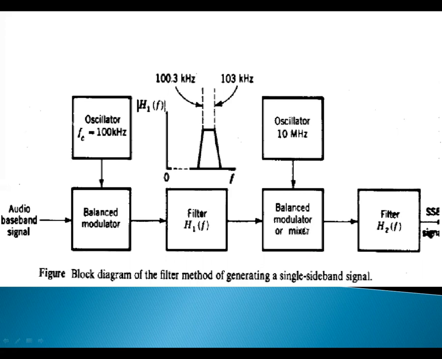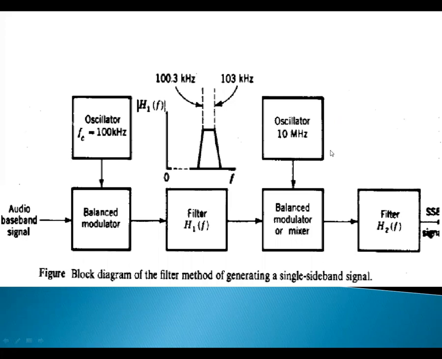Now the second balanced modulator mixer output goes to a filter again, the H2(f) transfer function. The second filter response is also like this. Here the signal is 10 megahertz plus 100.3 kHz and 10 megahertz plus 103 kHz, and you have to draw the response also.